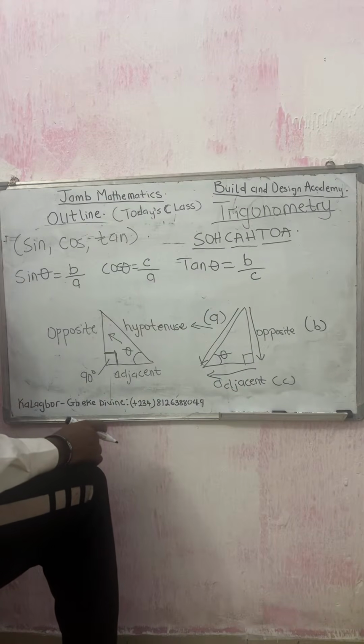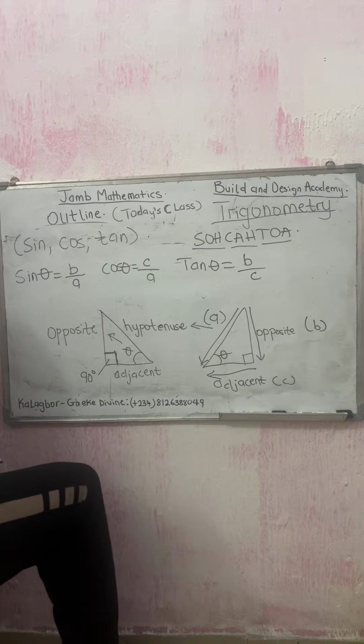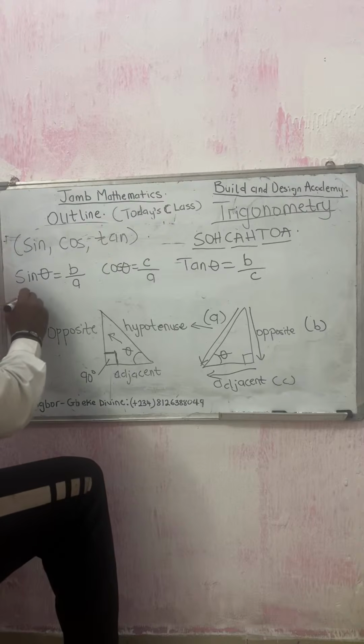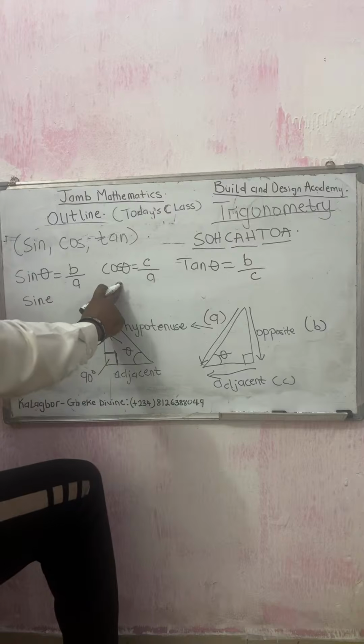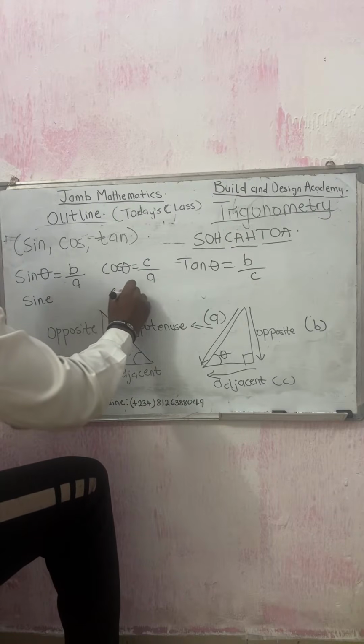Please take note of this. Very, very important. Now, sin is the short form. The full name is sine, S-I-N-E. Similarly, cos is the short form. The full name is cosine.